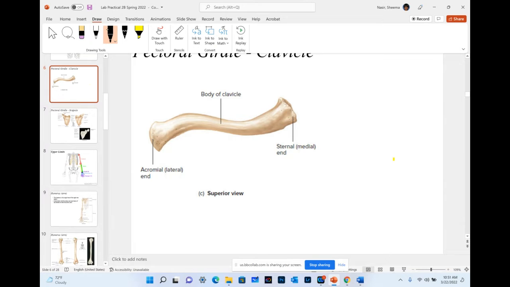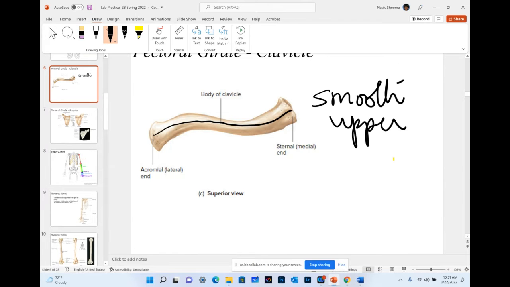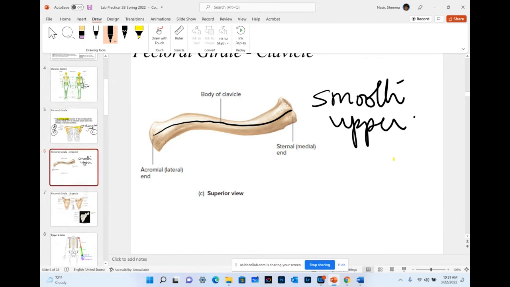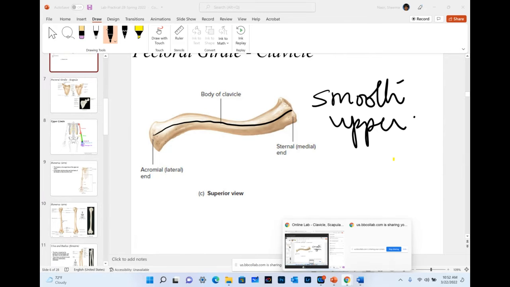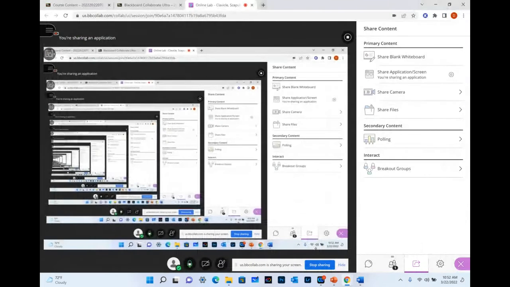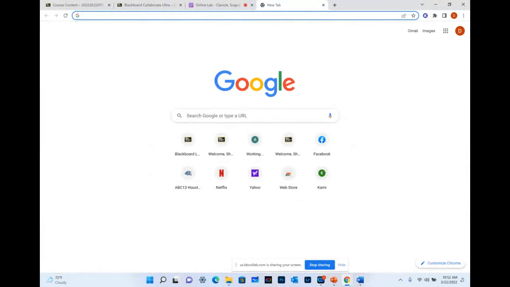So this right here, what you are looking at, this is smooth. So smooth is the upper surface. If you look underneath, and let me take you to Google. So scapula, inferior surface.